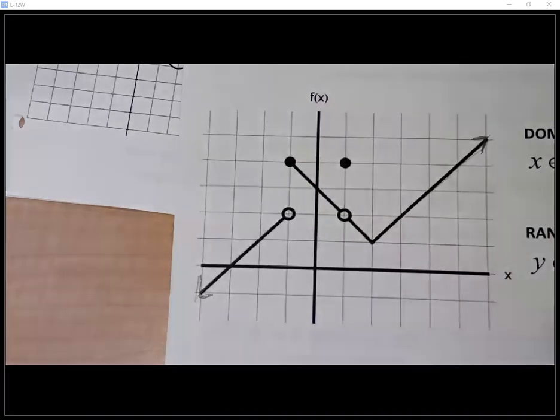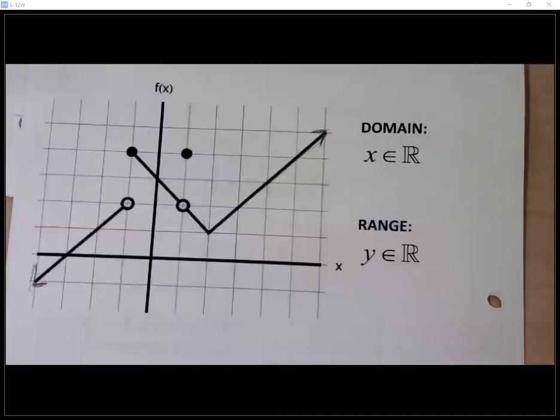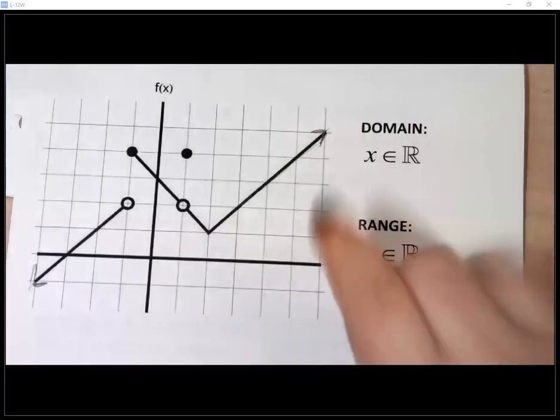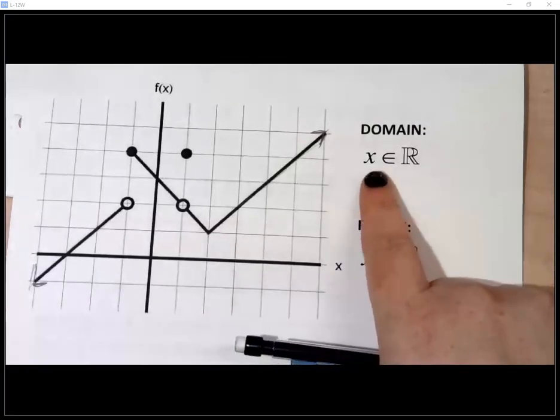Now, how do you turn this into interval notation? What does that look like? Thoughts? Braylon, you got one? How do you turn that into interval notation?